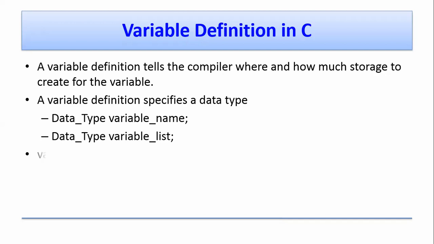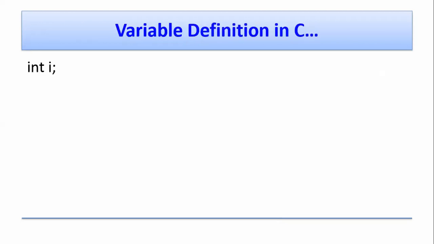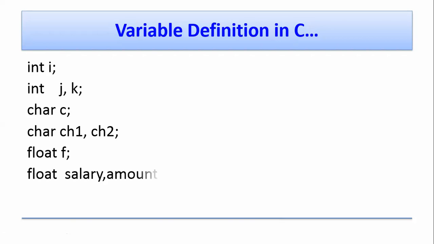For example, int i, where i is the identifier, the variable name. Or int j, k. Or char c, ch1, ch2. Likewise, you can use a list of variables.